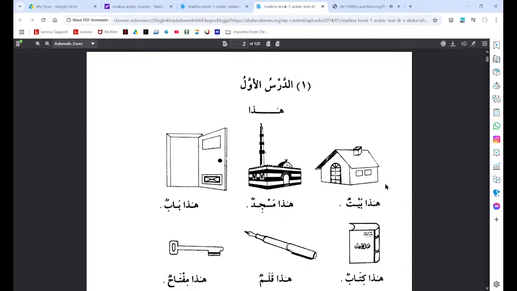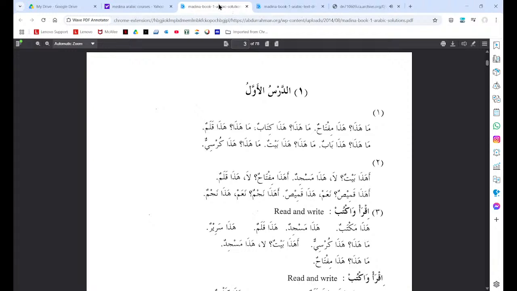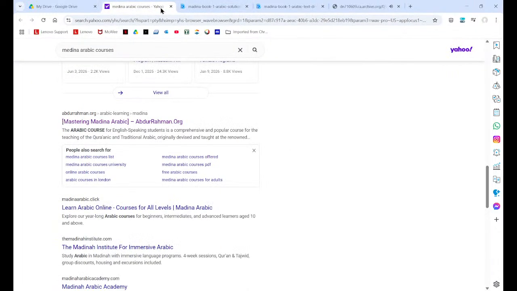Sometimes they define an ism as a noun, which is incorrect, because a noun is not necessarily the same. In English, there are like 8 parts of speech or something like that. I'm not an expert on English, so I'm not worried about the English.